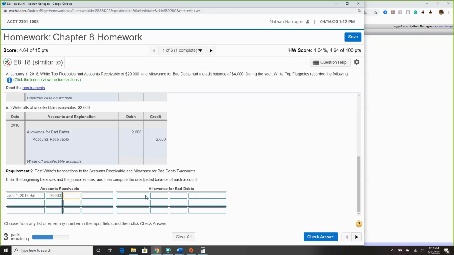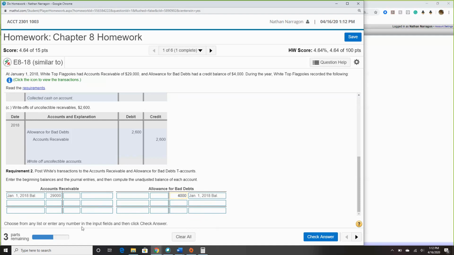Allowance for bad debts, I had a credit, so that should be on the credit side. Boom. That's 4,000.